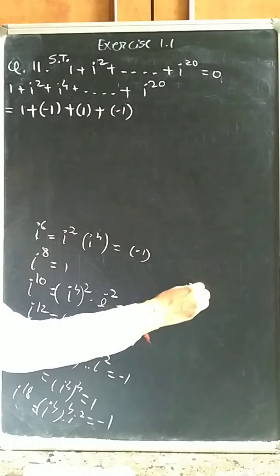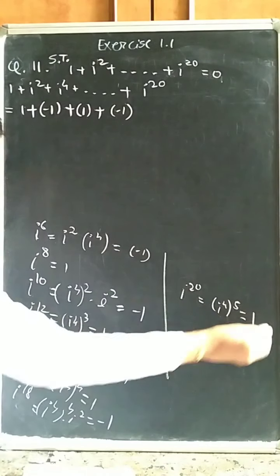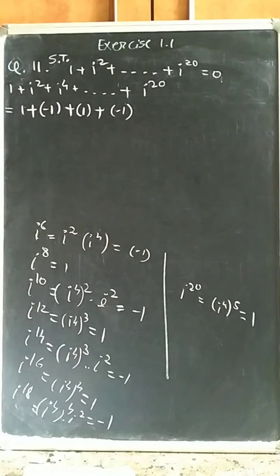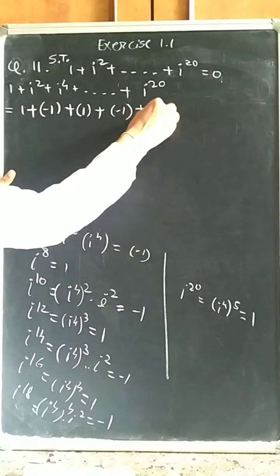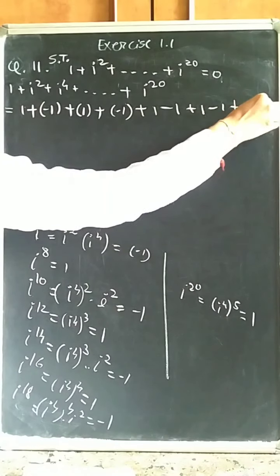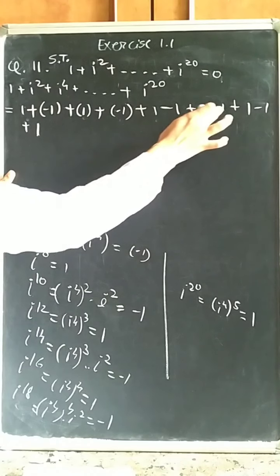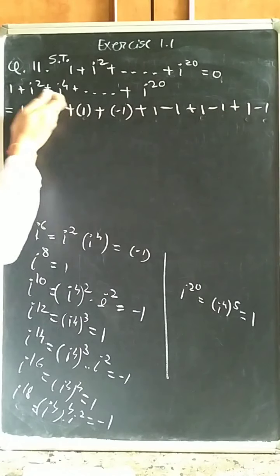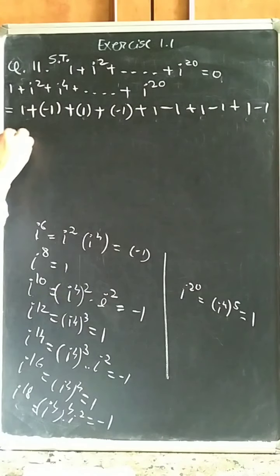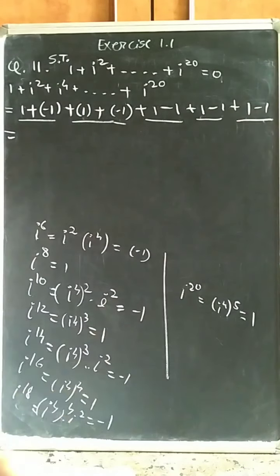And i raised to 20 equals i raised to 4 raised to 5, which is 1. So plus 1 minus 1 plus 1 minus 1 plus 1 minus 1 plus 1. Okay, so 1 minus 1 is 0, 1 minus 1 is 0, 1 minus 1 is 0, 1 minus 1 is 0. Okay, so the answer is 0.